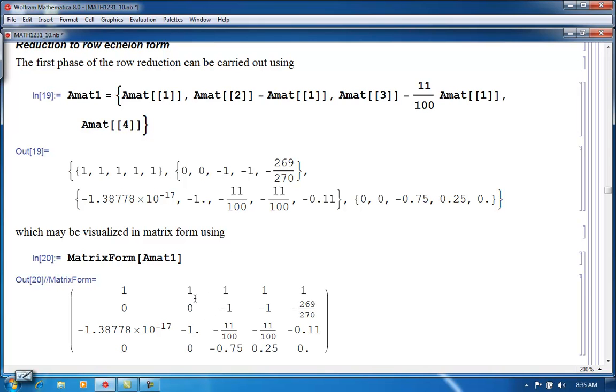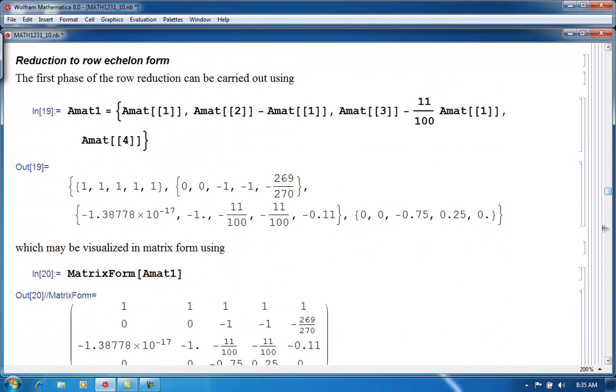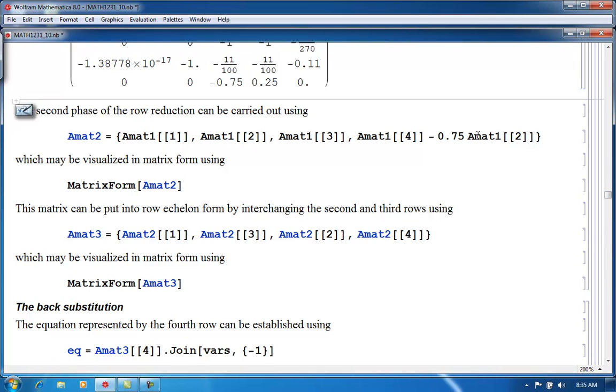Now all we have to do to put the thing into, well, almost, is to interchange the second and the third rows, because that will put a 0 there. So we do that.